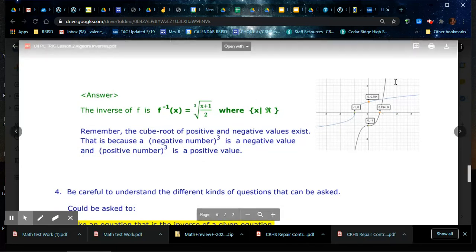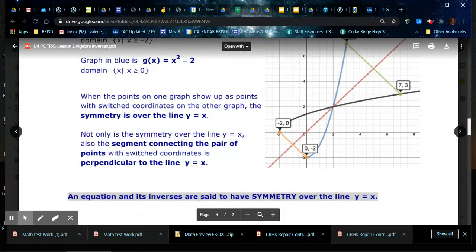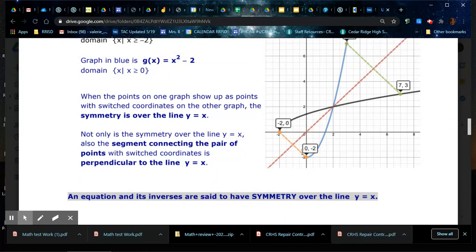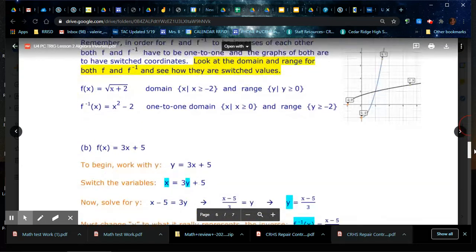I hope you're noticing that there's a beautiful symmetry between the line y equals x and both of those. Just in case you didn't get that, look at the distance: it's perfectly equal at any point perpendicular to that line y equals x between the 2 points of each function. Exactly equal on both sides of the graph of each function.